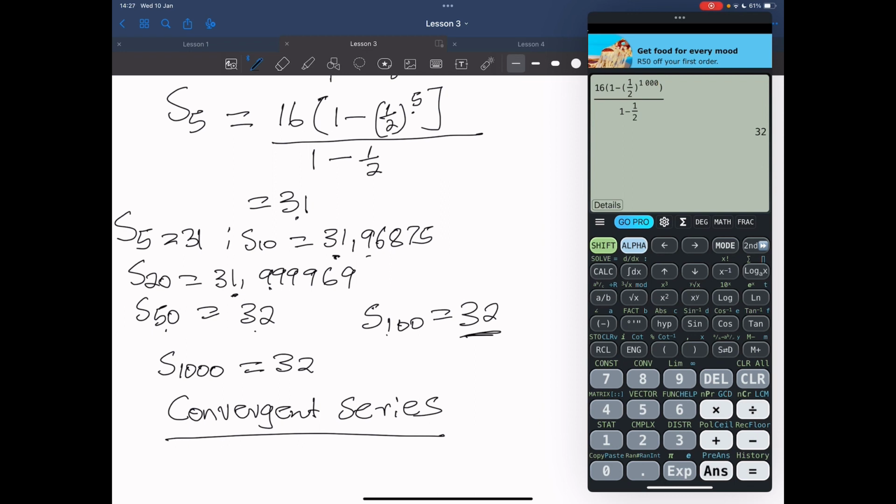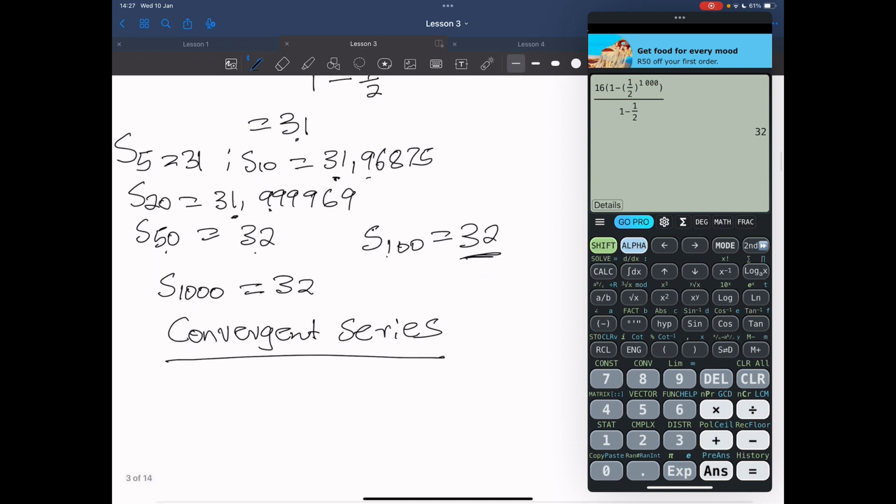Now, how do we know that this is a convergent series? We know this series is going to converge if the common ratio, the R, is going to be a number between -1 and 1, but not 0. So we need to understand R is not 0.